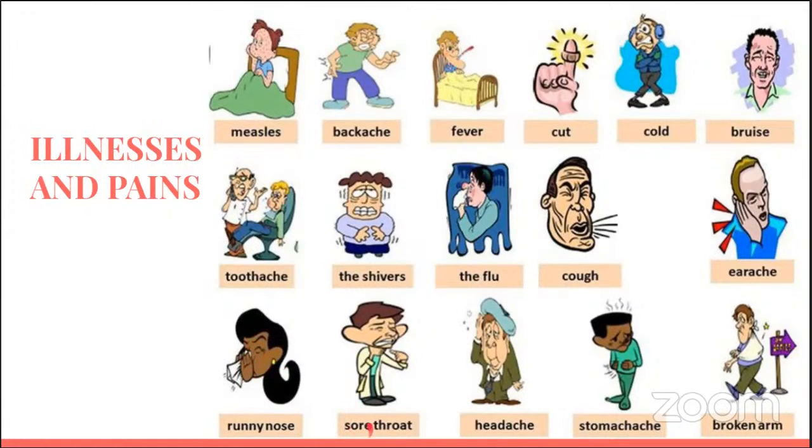Exactly. Sore throat. Dolor de garganta. Headache. Dolor de cabeza. Stomach ache. Dolor de estómago. Broken arm. Un brazo fracturado. Perfect. Very good. So let's please check on pronunciation very quickly.